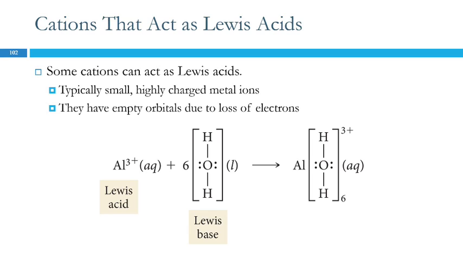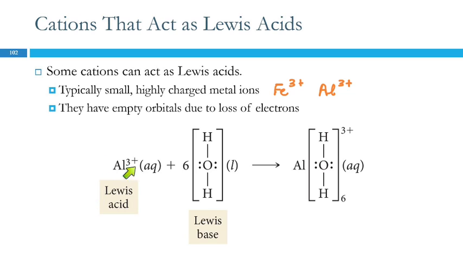And what are they? Aluminum and Fe. So the ones I want you to remember are Fe3 plus and Al3 plus. There are others, but I don't expect you to know that. I think this is Iron Man and Al. So those are the 2, Iron Man and Al.